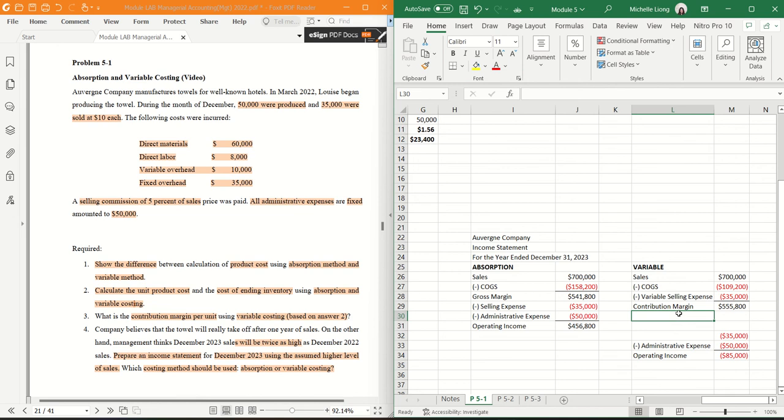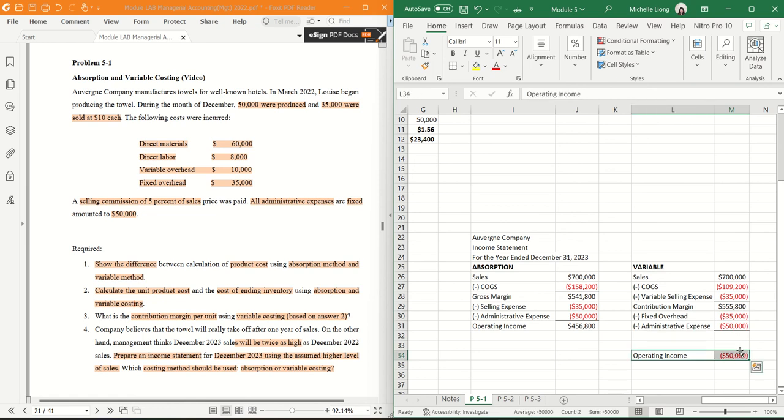Okay, so the fixed cost, another one is of course administrative expense. Move it here, and you have your fixed overhead of 35,000 that is not included. Okay, so minus with fixed overhead, which is 35,000.